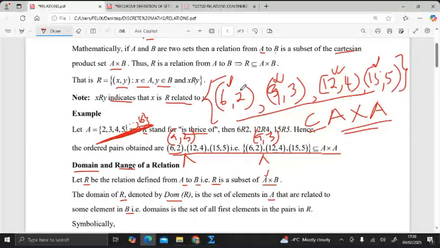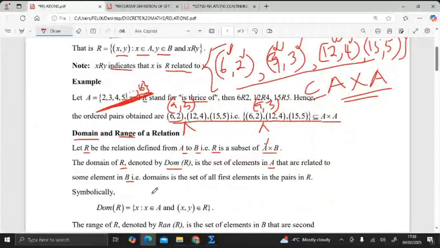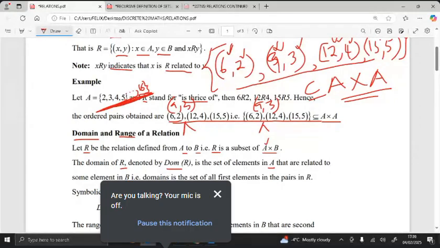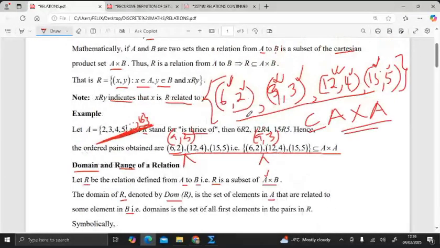So we see the domain in that case consists of 6, 9, 12, and 15. The range consists of the members of B, 2, 3, 4, 5. You can see that. Look at this. This is the domain, the set of members of X such that (X, Y) is in the relation.